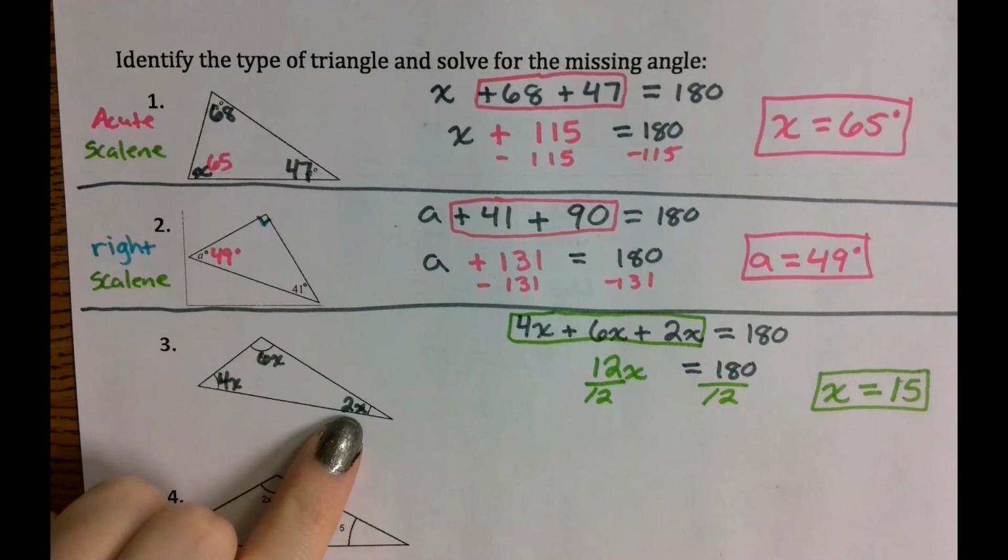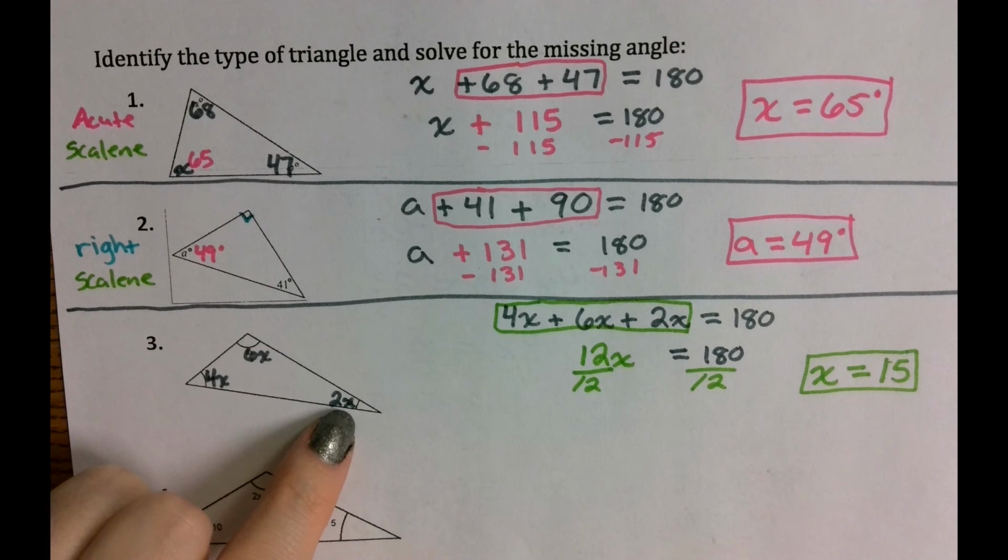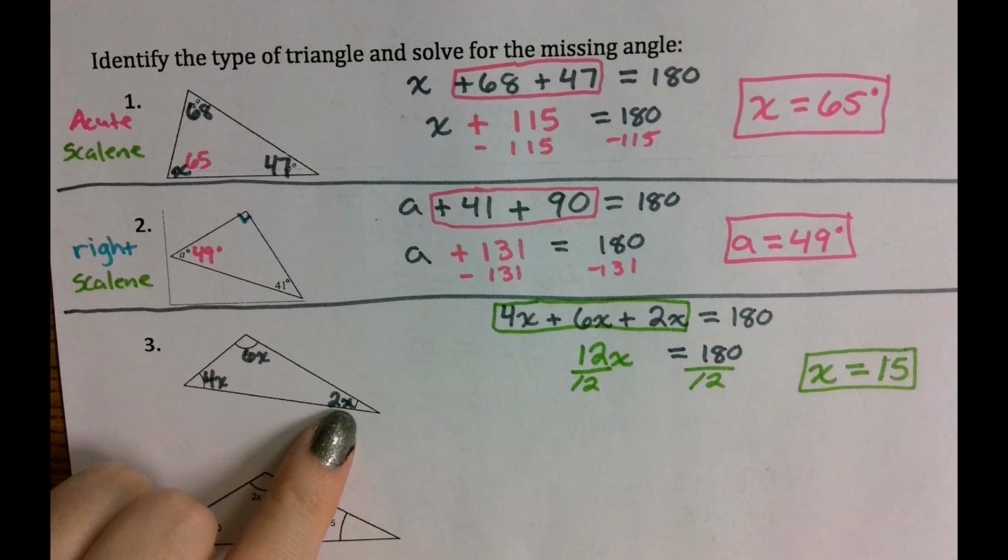So this angle is 2x, right? What's the degree then? How did you figure that out, Ray? Because the coefficient inside the variable, meaning we'll multiply it, so it's 2 times 15, which is 30.